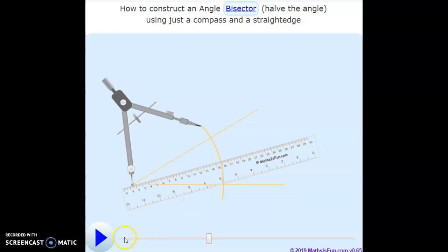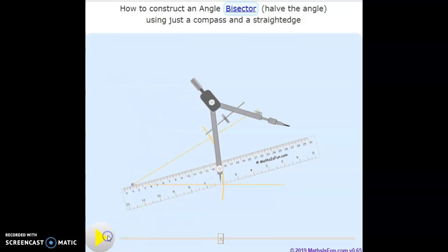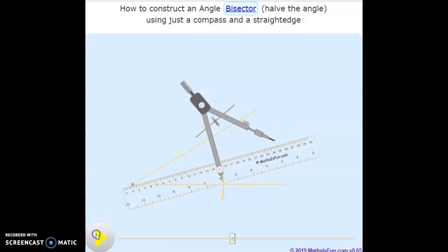Okay, so now we're going to move our compass. Our needle point is going to move from our vertex out to our first intersection on one of the arms. So it's going to go exactly on this point. We can reduce our radius, so the distance between our needle point and our pencil, slightly.